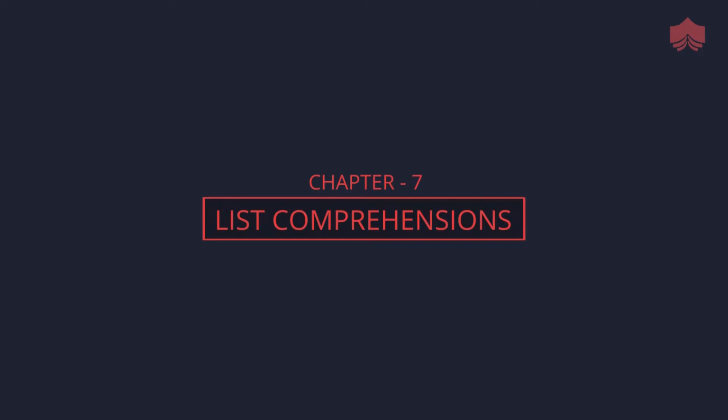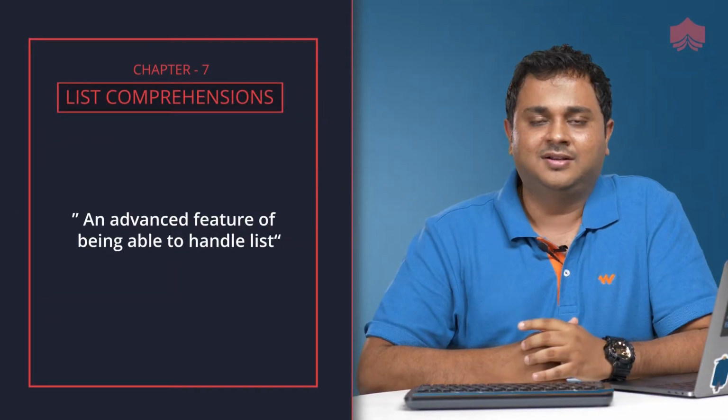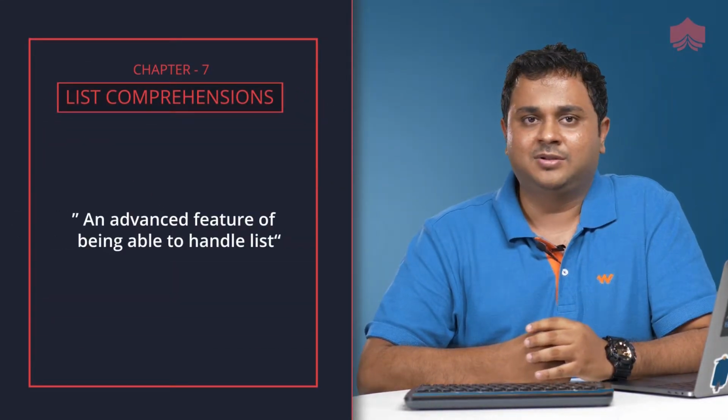Welcome back, and in this session we'll be talking about comprehensions, a very important, advanced feature for handling lists. Python has a way of handling sequence operations in addition to what is already available in list methods. There is this advanced operation called list comprehension.